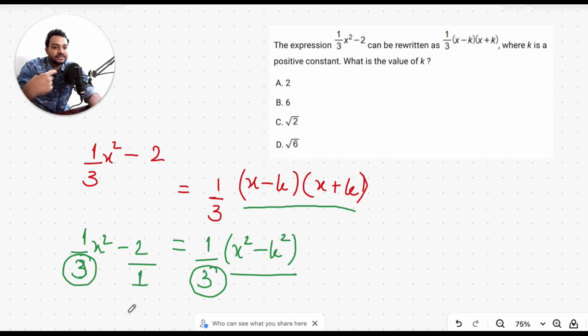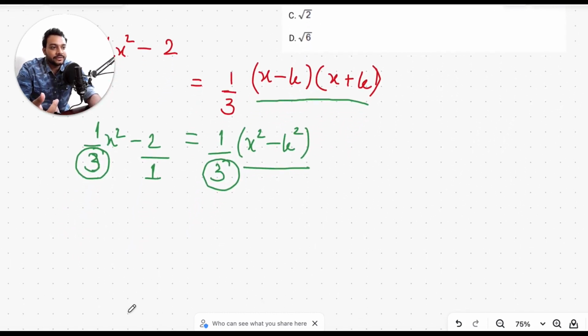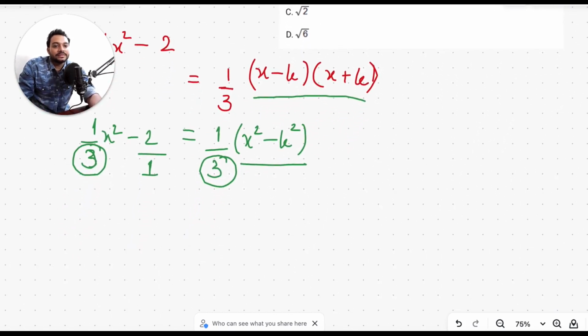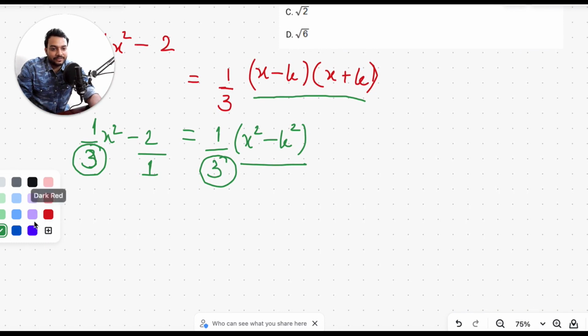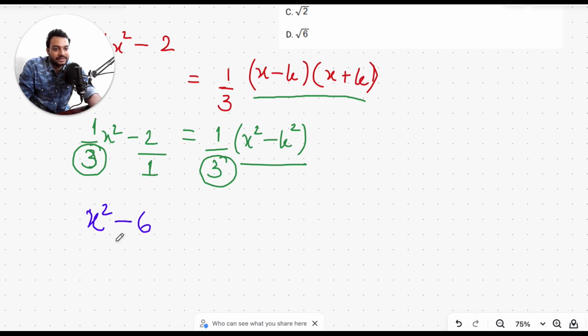So let's change that expression to match the right hand side first, and then only we can say what value is that for k. So 1 over 3 times x squared minus 2. Take 3 as the common denominator, so this becomes x squared minus 6 over 3, is equal to x squared minus k squared over 3.